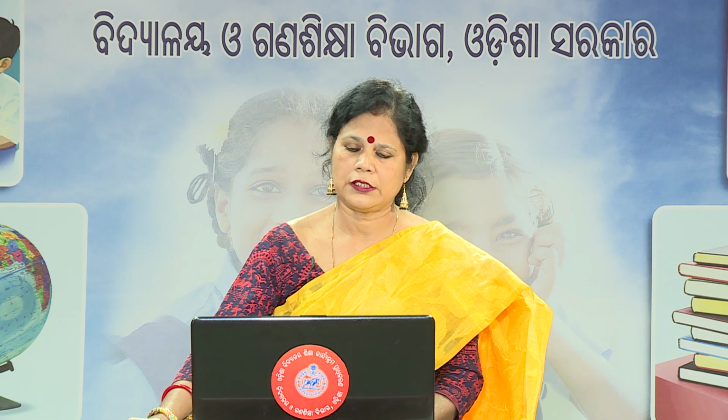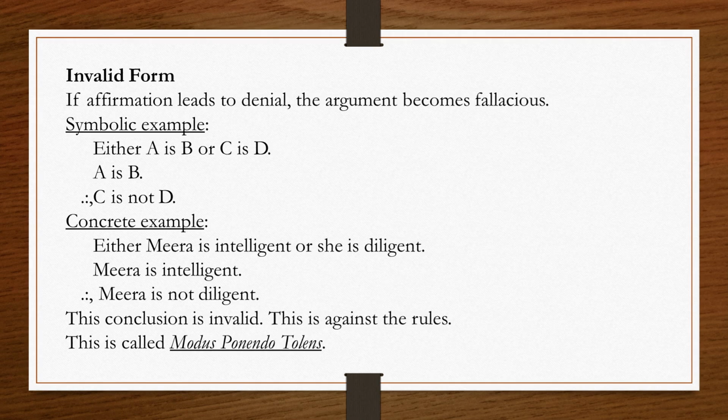Concrete example: either Meera is intelligent or she is diligent. Meera is intelligent, therefore Meera is not diligent.